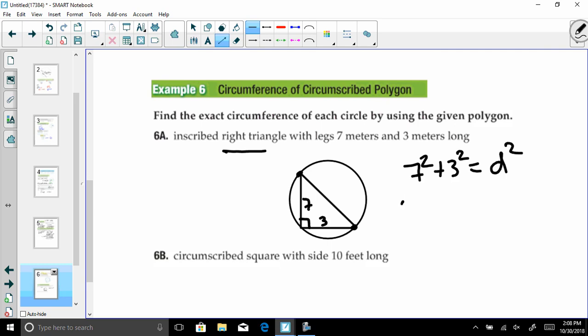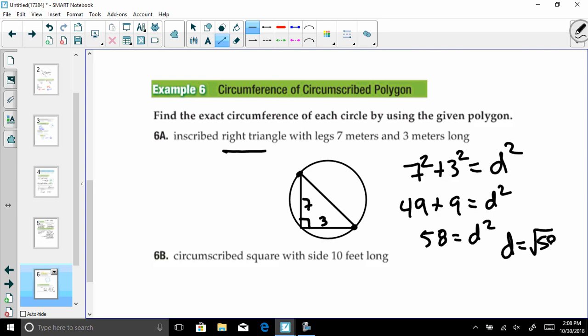So 49 plus 9 gives diameter squared, so the diameter would be the square root of 58. Of course, there's a decimal value for that, but if we want to find the exact, that means we're not going to round.